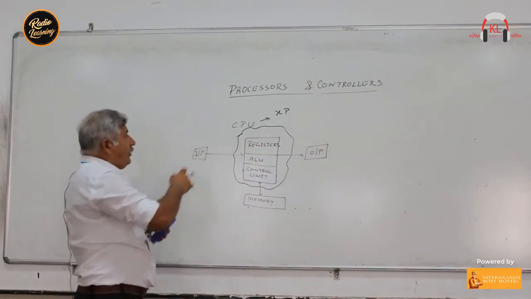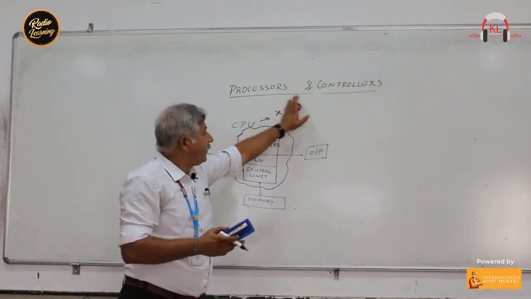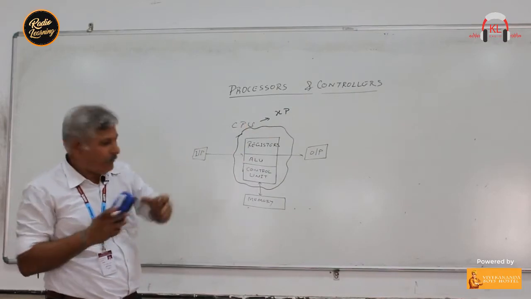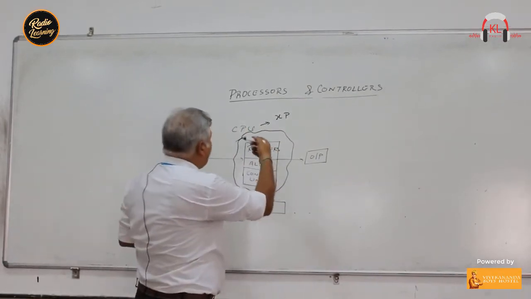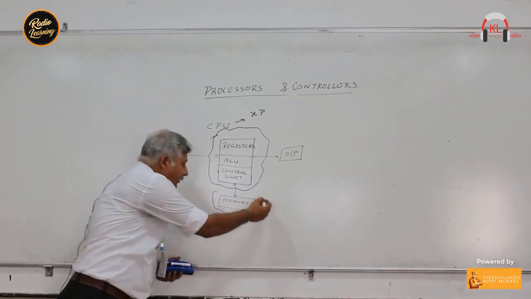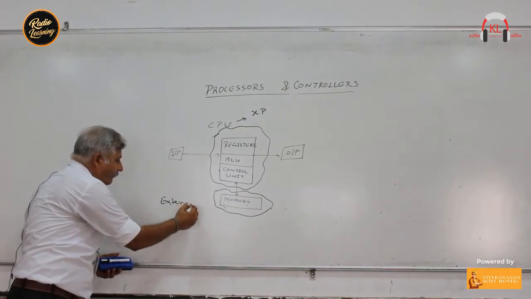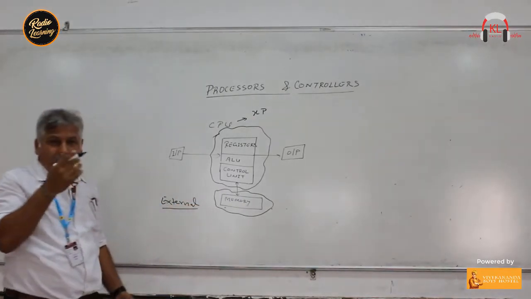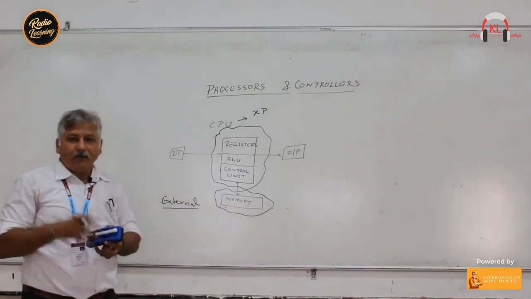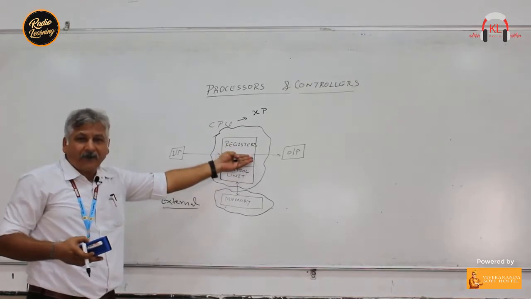So now there are two things, processor and controller. What is the difference between processor and controller? Basically, when we use a processor, the memory is external, right? We have to store our program in memory, but that memory is not part of the central processing unit.